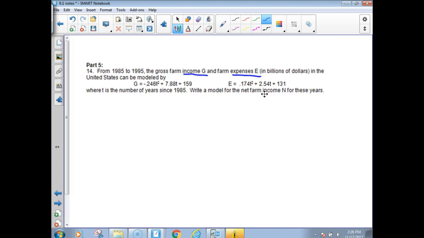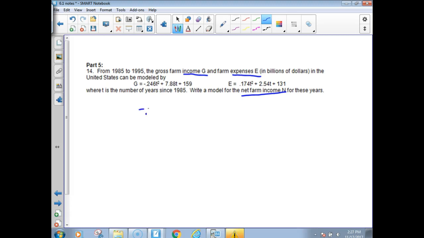Write a model for the net. What would the net be? It's some combination of these two things, right? But one of them is income and one of them is expenses. All right, so we need to subtract the expenses from the income.